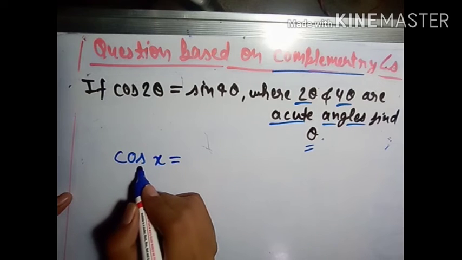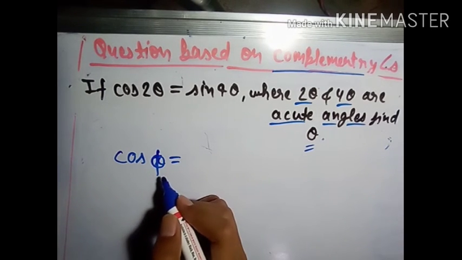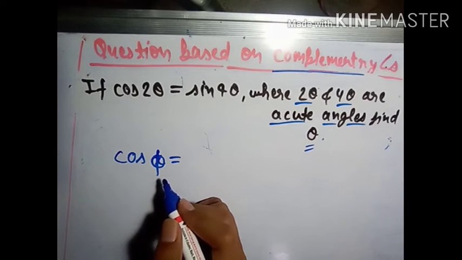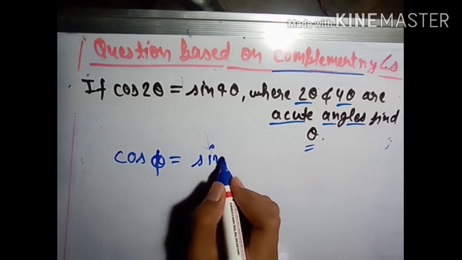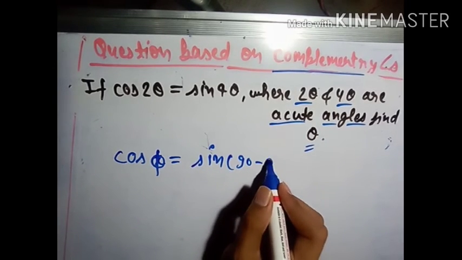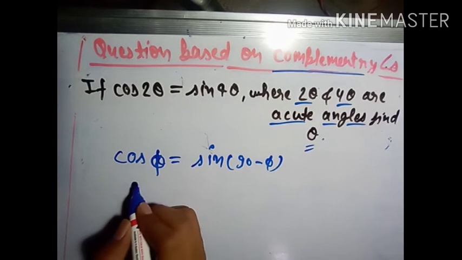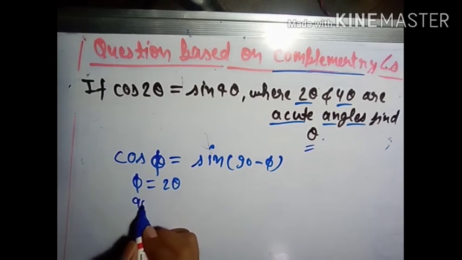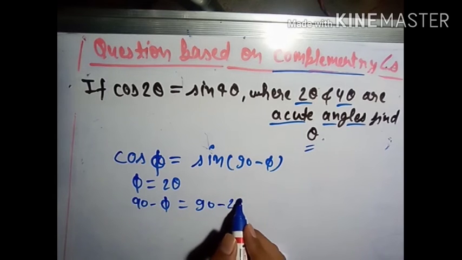So we can write it as, let me do it as phi. Phi also denotes an angle, and I have talked about this in my videos. Cos phi is equal to sine 90 minus phi. Here phi can be taken as 2 theta. Now what about 90 minus phi? This will be equal to 90 minus 2 theta.